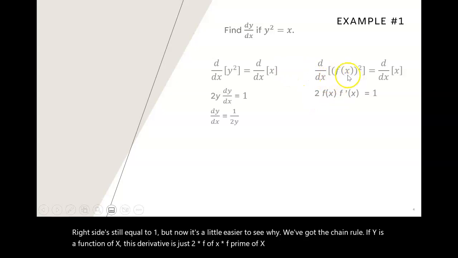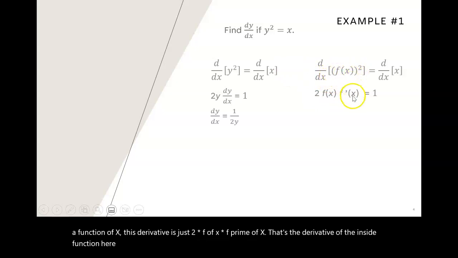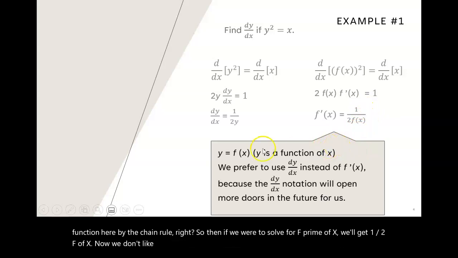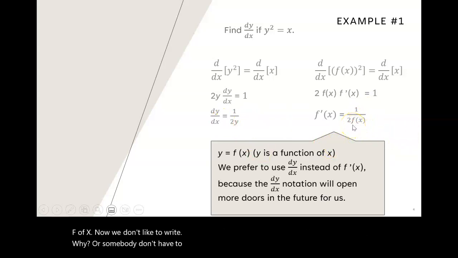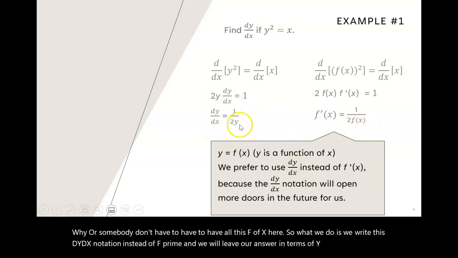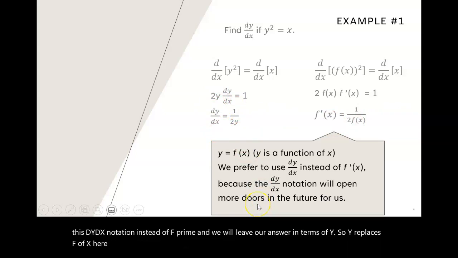That's the derivative of the inside function here by the chain rule. All right, so then if we were to solve for f prime of x, we get 1 over 2 f of x. Now, we don't have to have all this f of x here. So what we do is we write this dy dx notation instead of f prime, and we will leave our answer in terms of y. So y replaces f of x here. The dy dx notation will just open some more doors in the future for us.